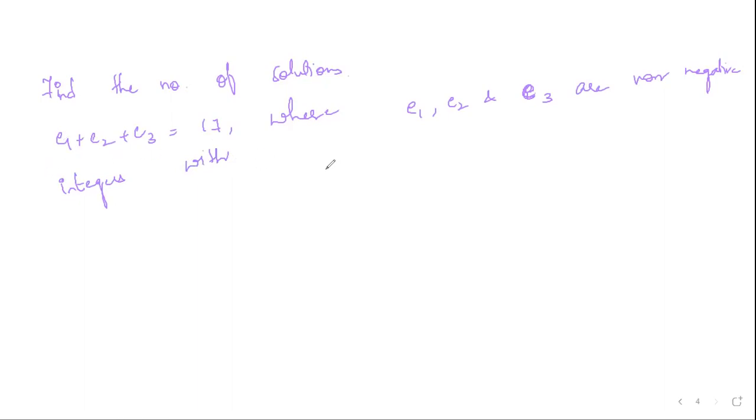So e1 can have a value between 2 and 5. e2 can have a value between 3 and 6, including 3 and 6. And e3 can have a value between 4 and 7. Now, what is the solution for this?